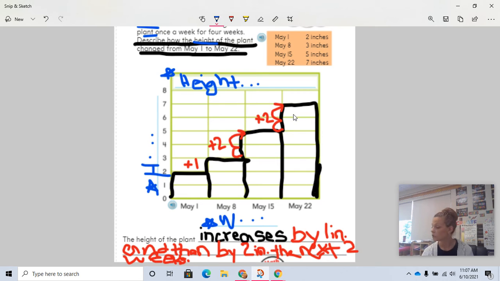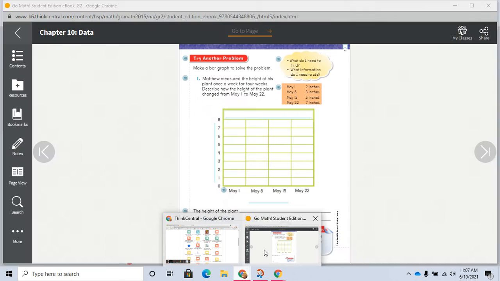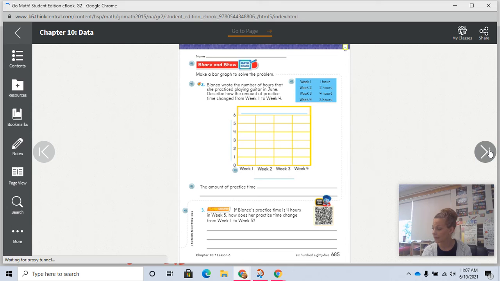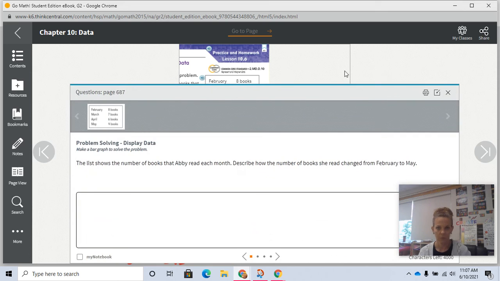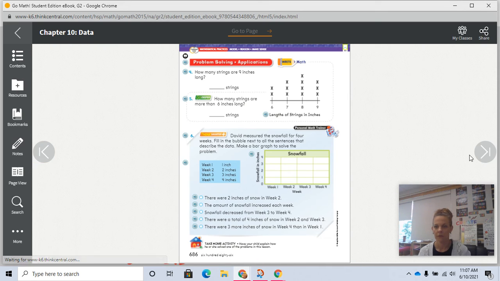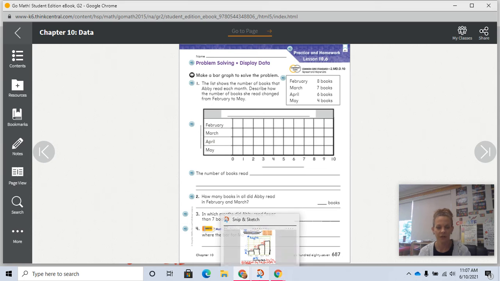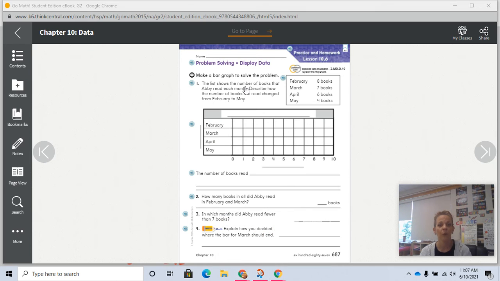So friends, today for your homework, you are going to be looking at, I'm going to skip ahead here, this, oh my goodness gracious, this page 687, where they want you to use this data that they collected to fill in the title, the two labels, and then fill in your bar graph going sideways this time, my friends.